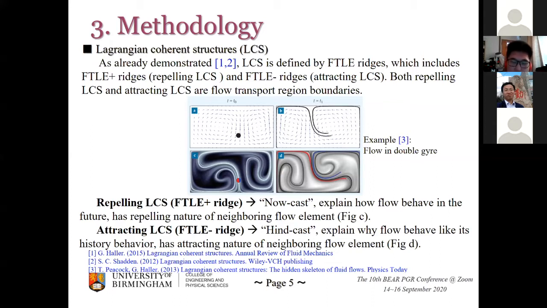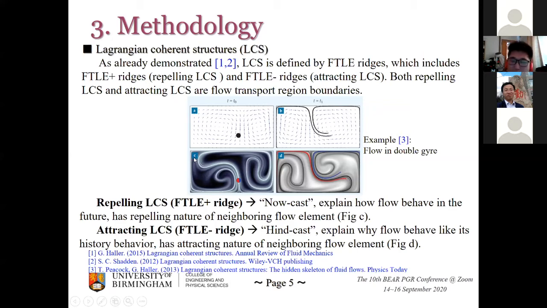But why does it look like this, or why does the flow transport make the ink look like this? So here we use the repelling LCS and attracting LCS to explain it.